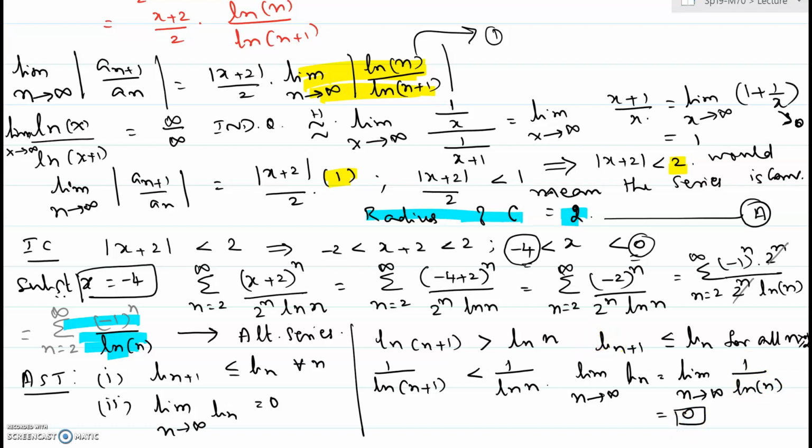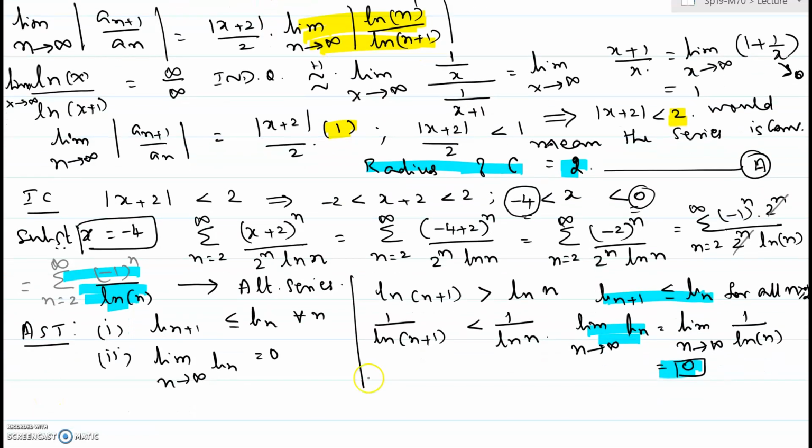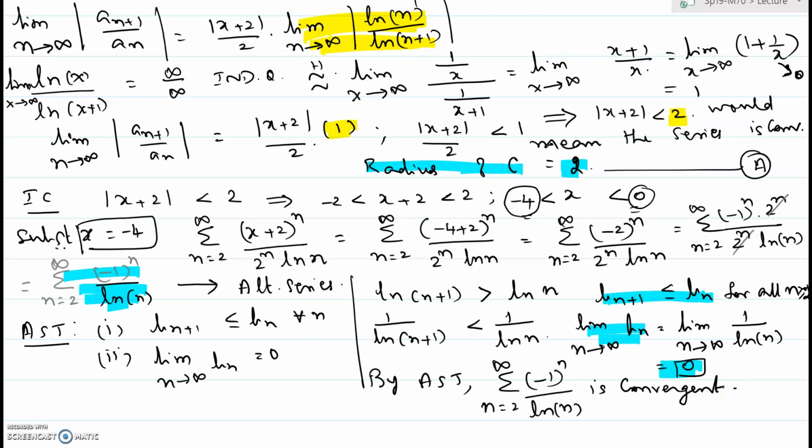So we have proved both condition 1 and condition 2, that the limit of b sub n equals 0. Together, by the alternating series test, the series is convergent. So sigma n varying from 2 through infinity of negative 1 to the power n over ln of n is convergent, which proves that at one endpoint, x equal to negative 4, the series is convergent.